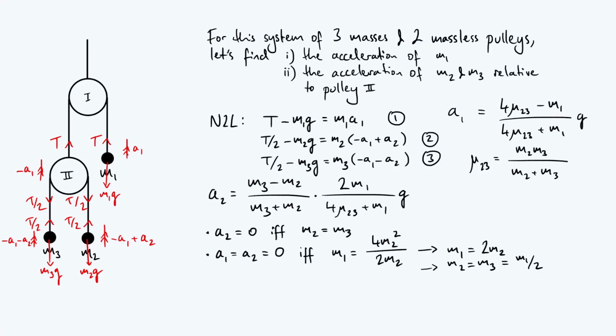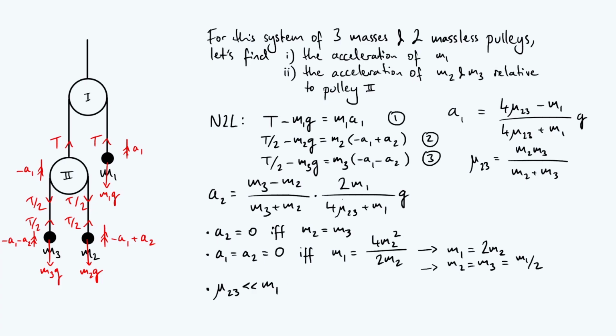Again, that's a pretty intuitive result when you think about it. M2 and M3 have to be the same as each other, but their total weight pulling down has to be the same as the total weight of M1 pulling down. And finally, an interesting special case that I would like you to consider is what happens when mu23 is much less than M1, or really 4 mu23 is much less than M1, but if we're considering quantities that are hugely different from each other anyway, the factor of 4 isn't going to make much difference.